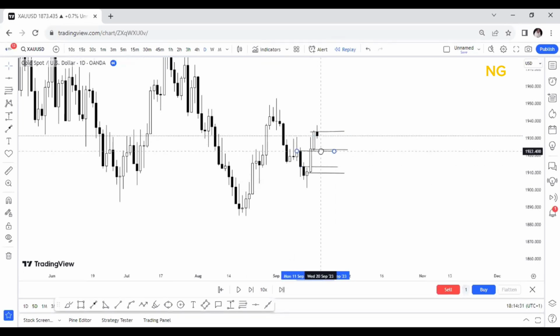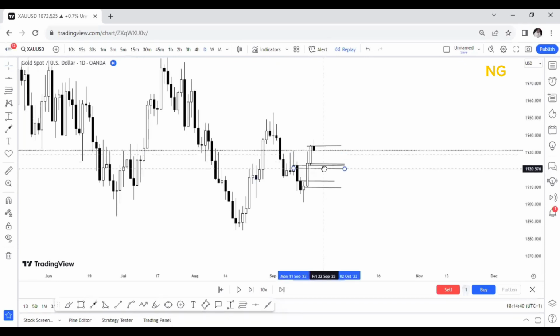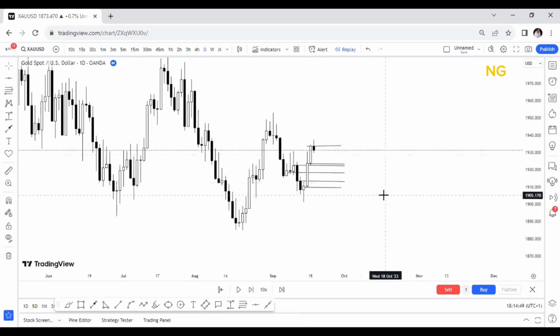You have this as a level. That's a level. You have this as a level. This is a level with a gap. That's a gap. It became fresh here. So you map these places out.